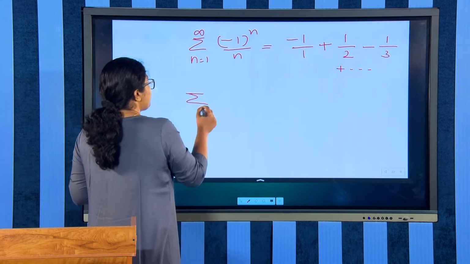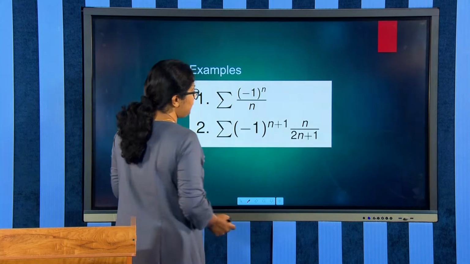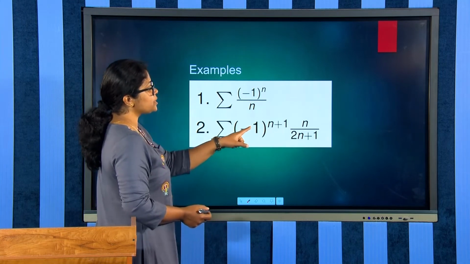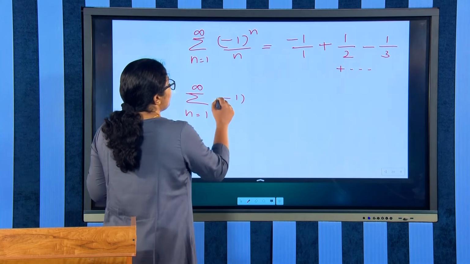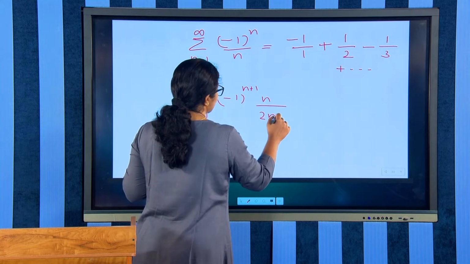The next example that we had is summation n equal to 1 to infinity, negative 1 power n plus 1 n upon 2n plus 1.